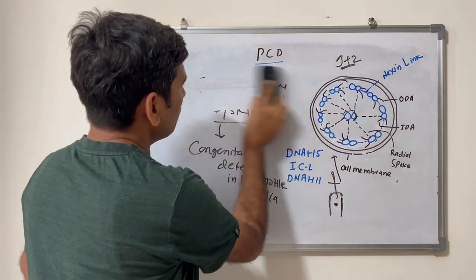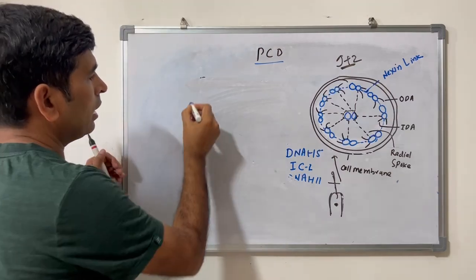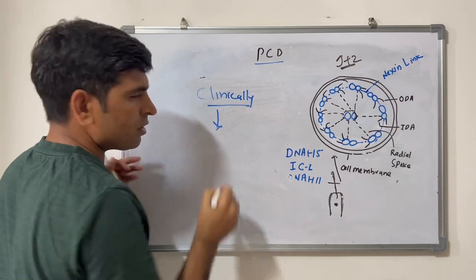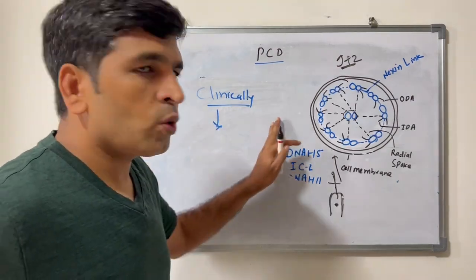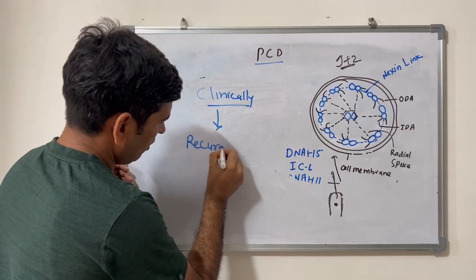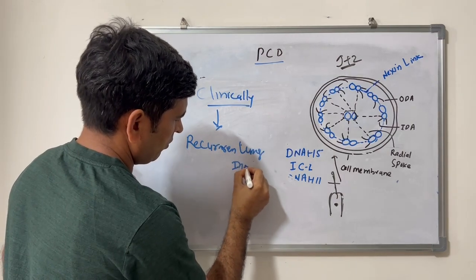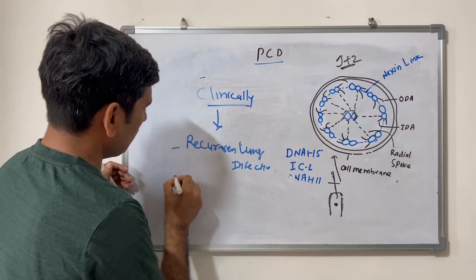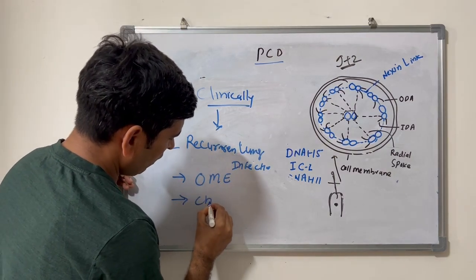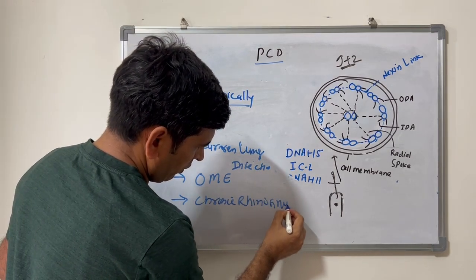What happens if this occurs? Clinically, if there is abnormal or defective mucociliary clearance, that may lead to recurrent lung infection, otitis media with effusion, and chronic rhinosinusitis.